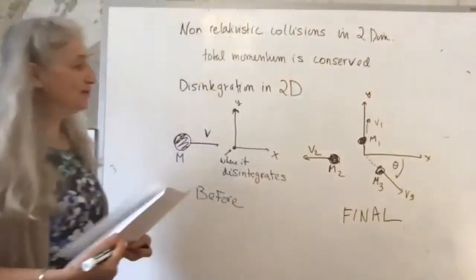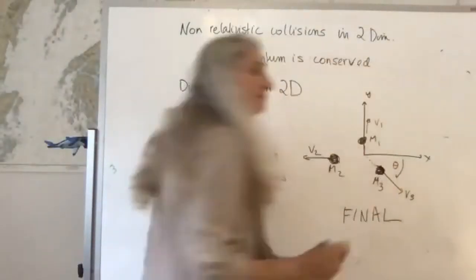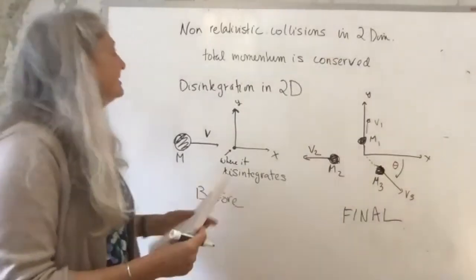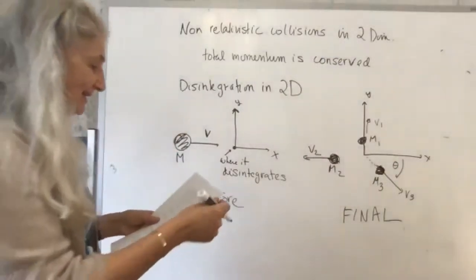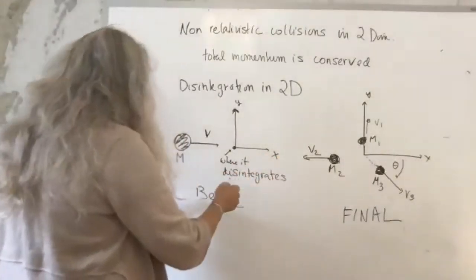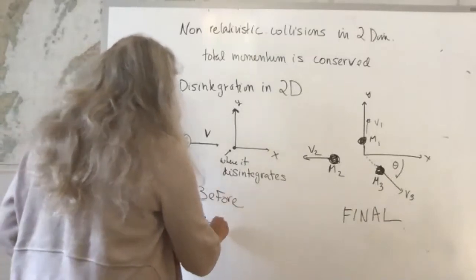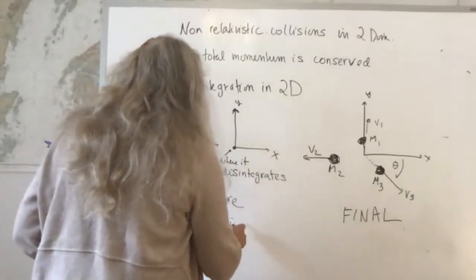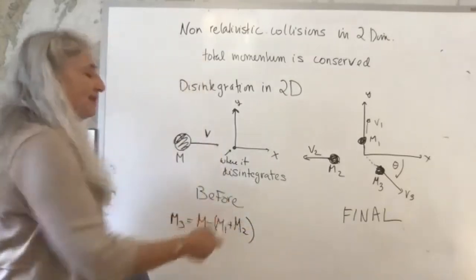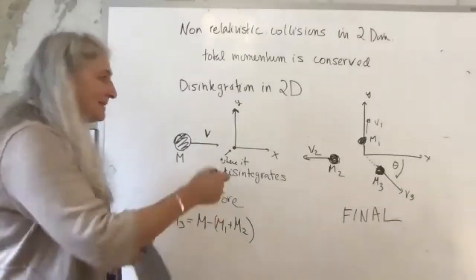We'll assume that no mass is lost, so no energy went into, say, radiated particles or anything like that. And this is still a non-relativistic setting. Since no mass is lost, M3 is equal to M minus M1 plus M2. We'll assume that the sum of the masses afterwards is the same as the sum of masses before.